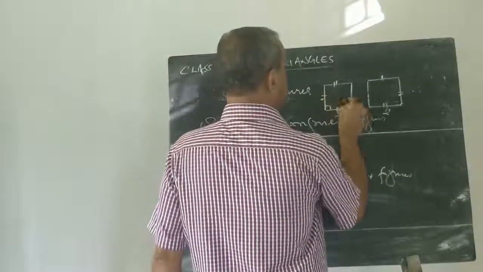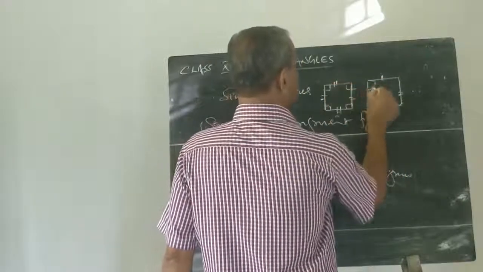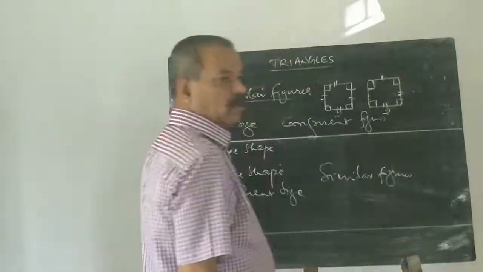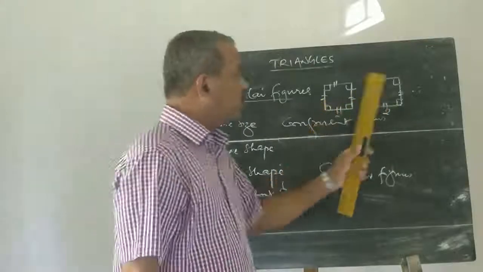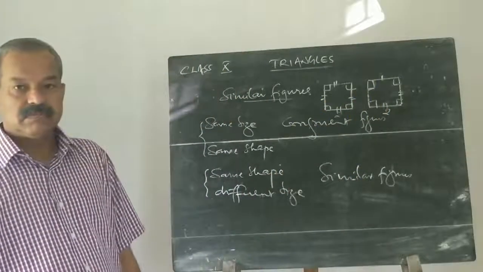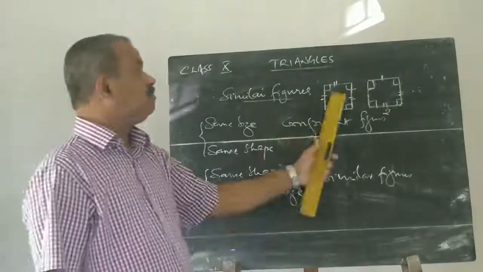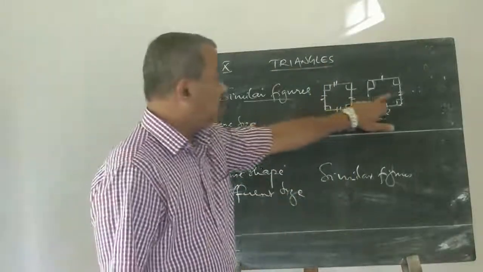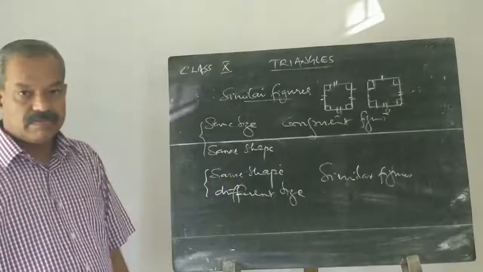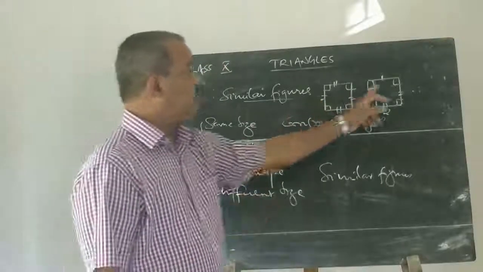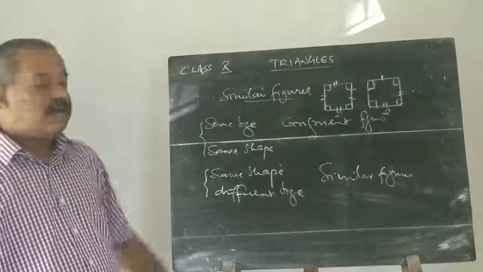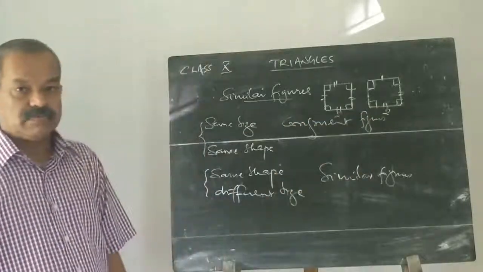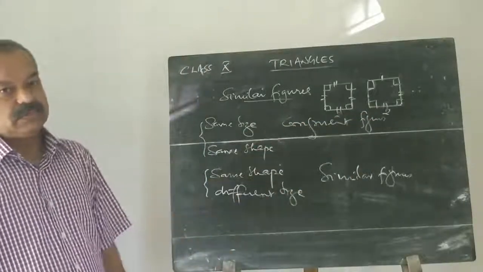All the corresponding angles are also equal. These two figures are congruent. At the same time, they are similar also, because the angles are equal, they have the same number of sides, and the ratio of sides is 2:2, that is 1:1.